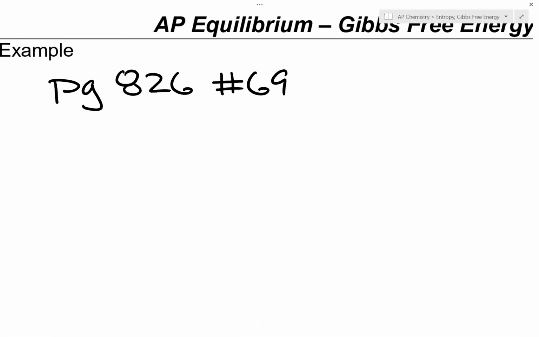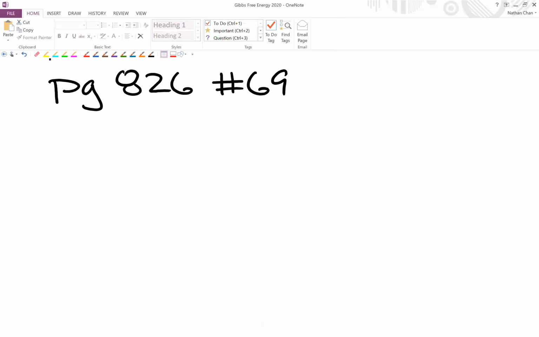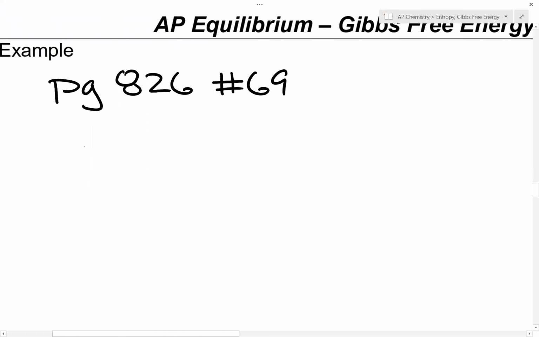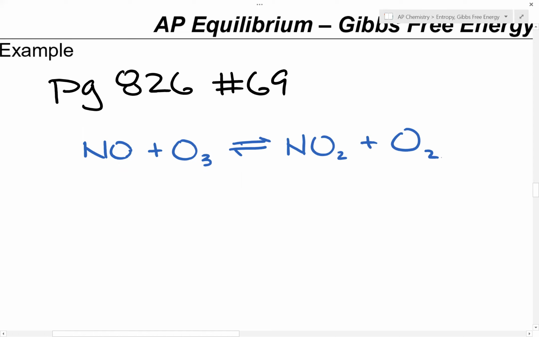So how would we approach this? So we have the equation. We have NO plus O3 is in equilibrium with NO2 and O2. Now, using the data in the appendix, what you can do is you can find, in this case, NO plus O3.